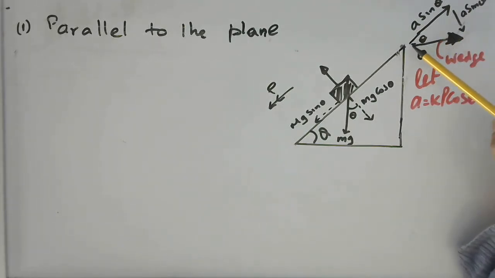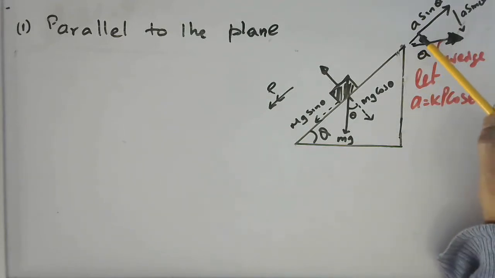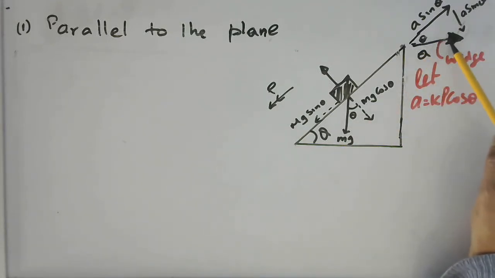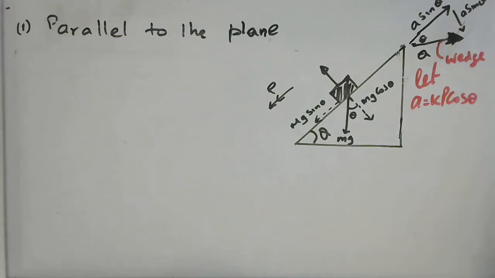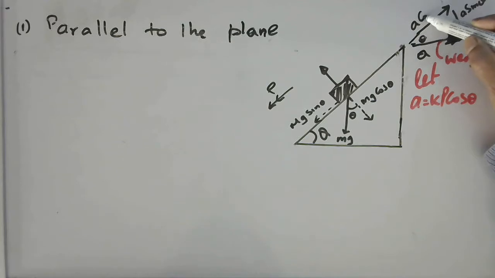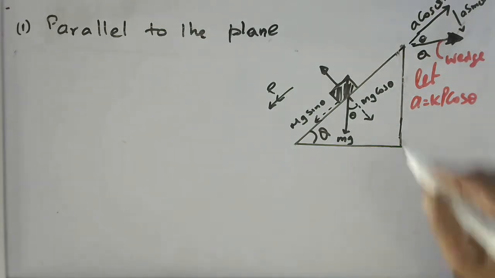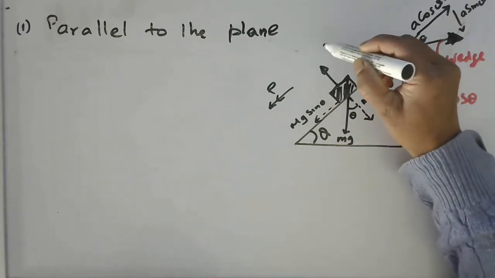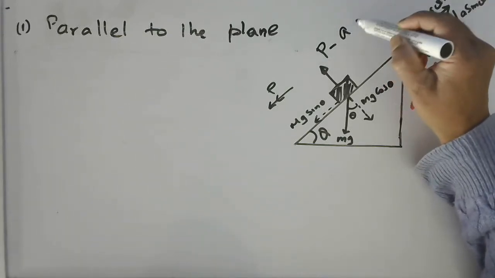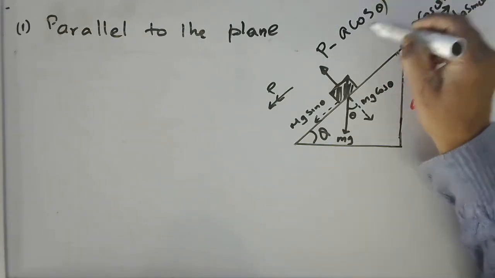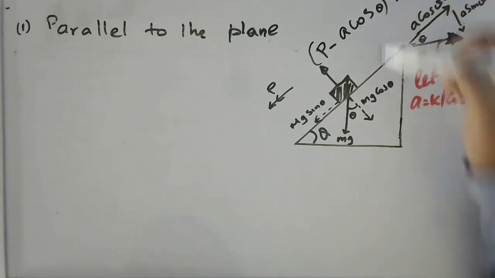The component is a cos theta, and the other is a sine theta. Therefore, the resultant of this one is going to be p minus a cos theta.